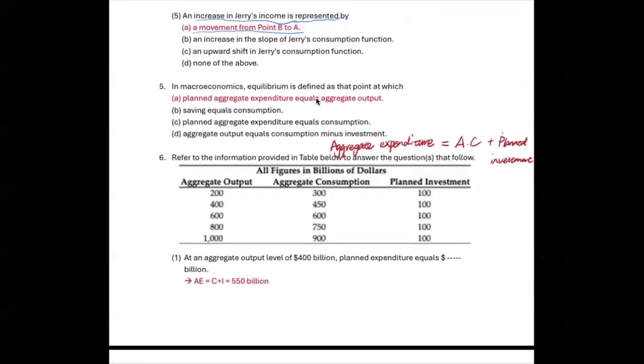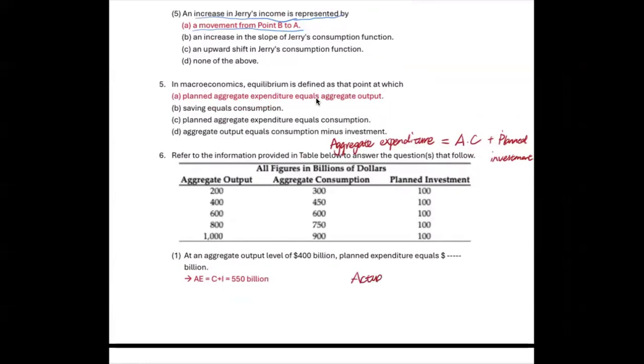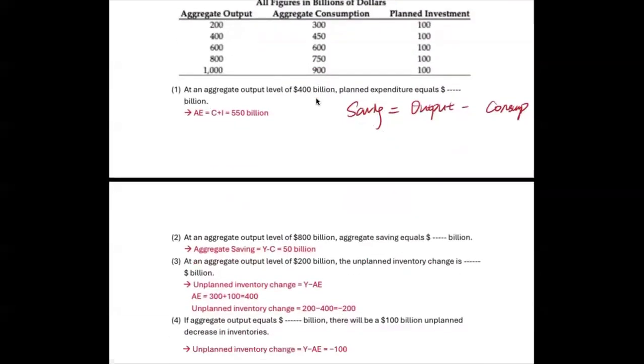Okay, another equation that you need to memorize is the actual saving, which equals the output minus consumption, right? So this is basically S equals Y subtract C. This is the same.